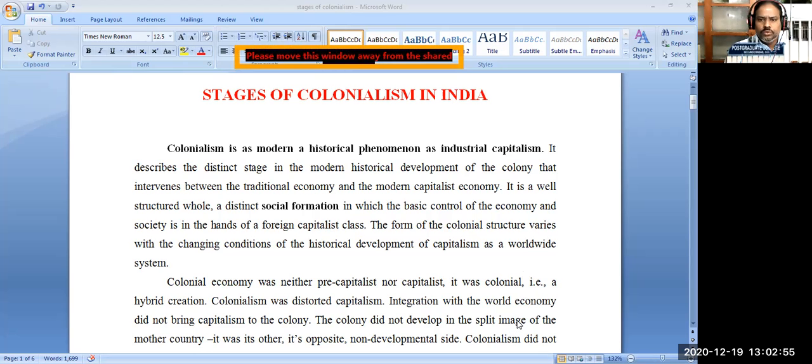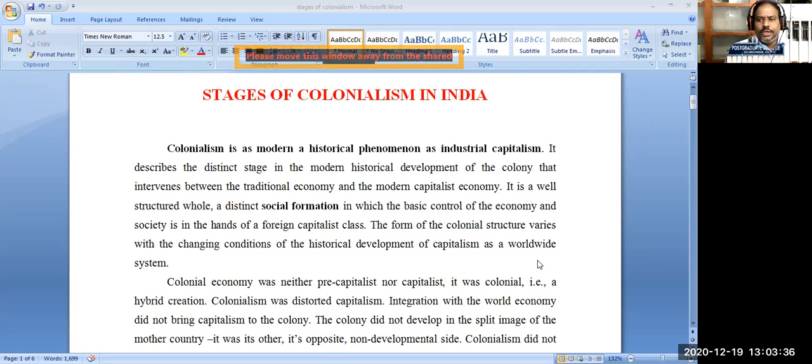Before going to those concepts, like the stages of colonialism and impact of colonialism, the colonialism in Indian context, and colonialism and its stages, we see the definition and features of stages of colonialism.